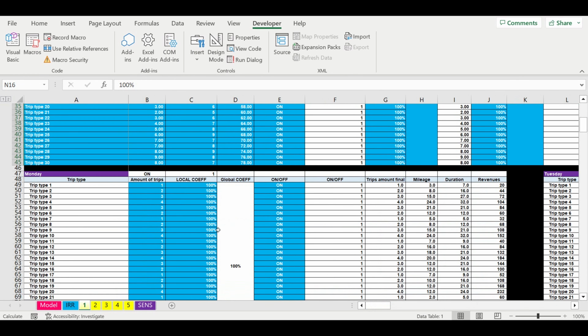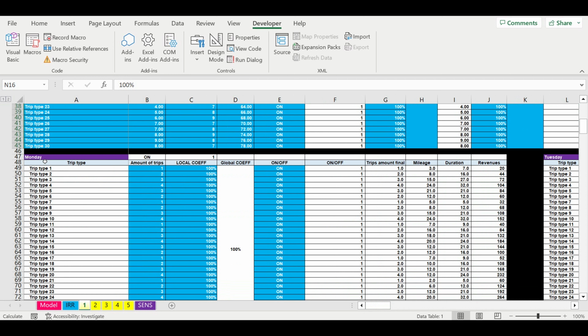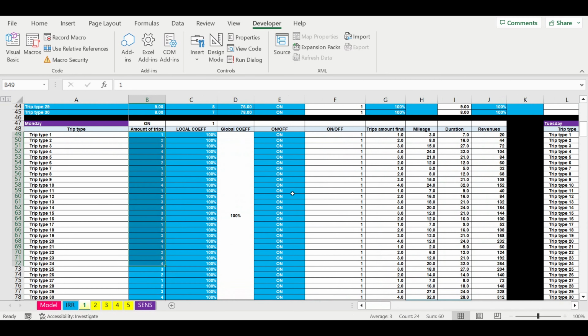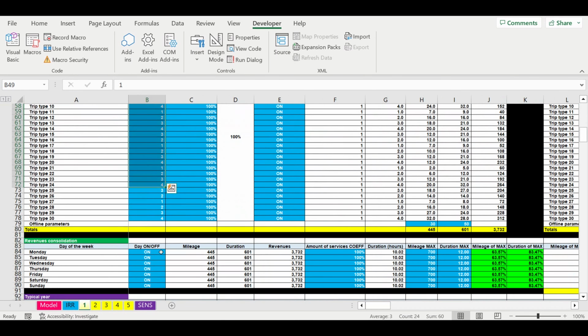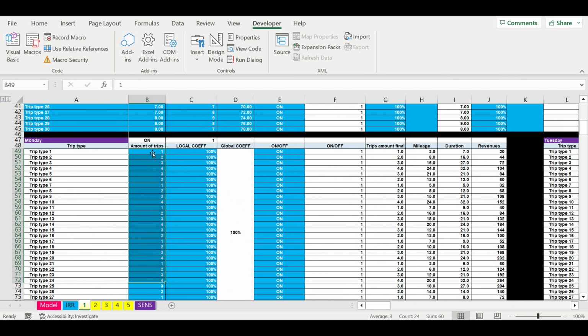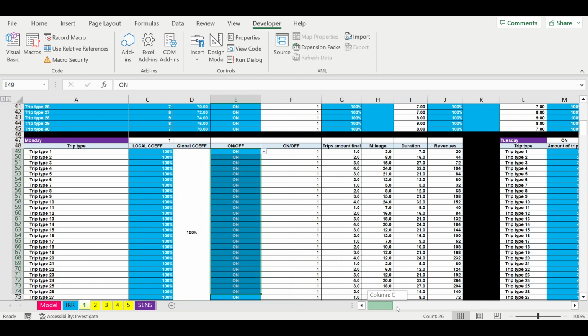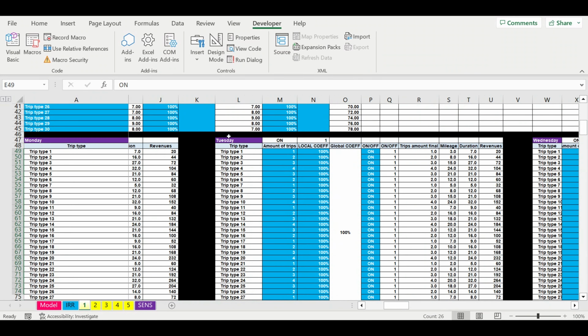Then, for example, we can play with Monday activity, amount of trips. So, for example, we can add a coefficient to this amount of trips. We can switch on and off different types of trips from calculations for Monday, Tuesday, Wednesday.